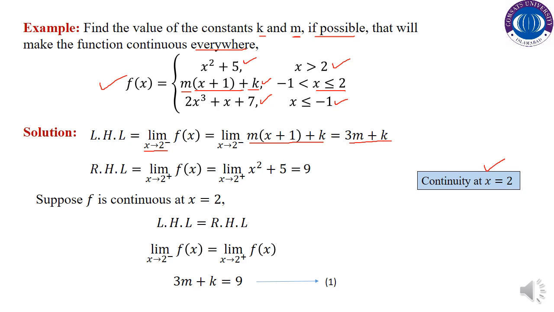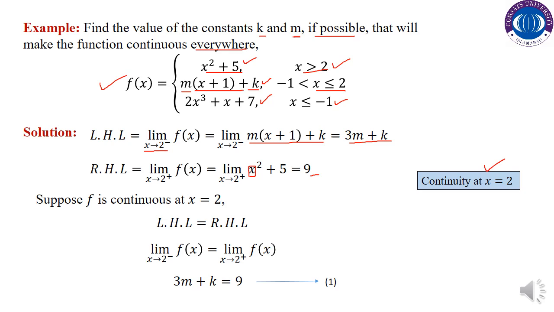Now for the right hand limit we will take a function x square plus 5, because for the right hand limit we have to take the values of x which are greater than 2. So the function will be x square plus 5. We will apply the limit, we'll put 2 in x. So we have right hand limit 9. Now for the continuous function, the left hand limit and the right hand limit must be equal.